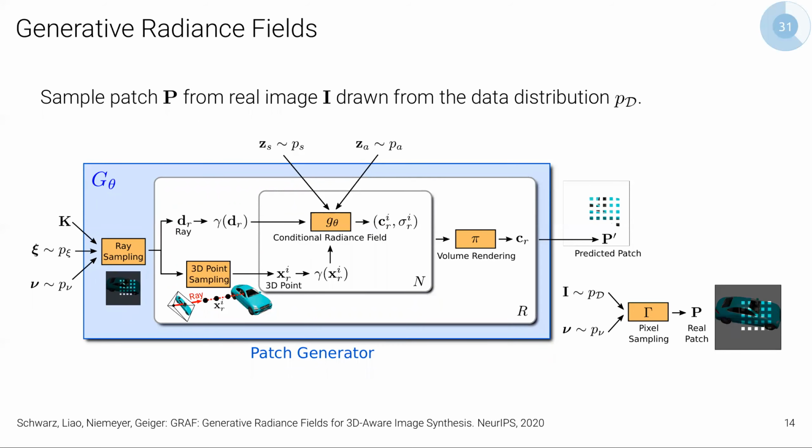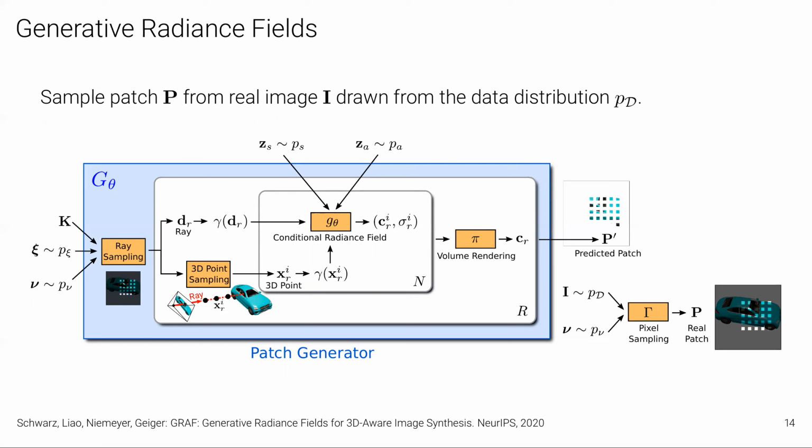Next, what we can do is sample real images from our data distribution, for example, a large collection of cars, and sample also a patch sampling pattern, just as we do for our generator. Then we can extract real patches.